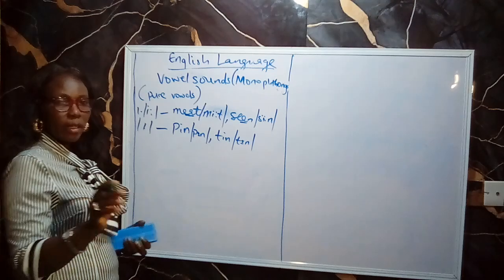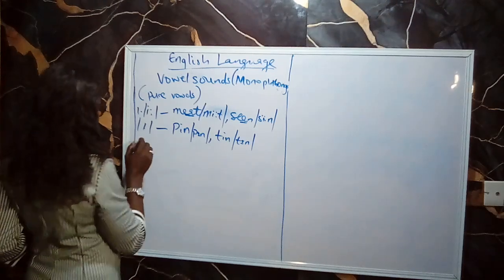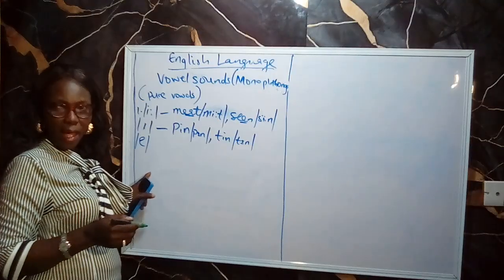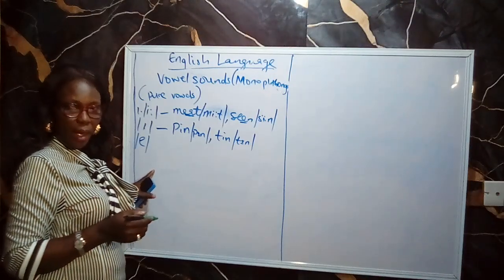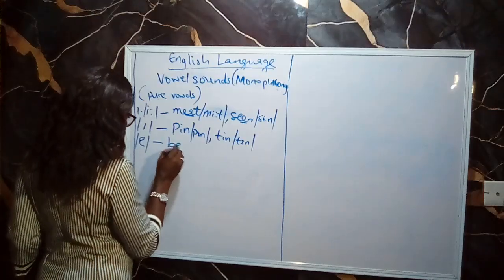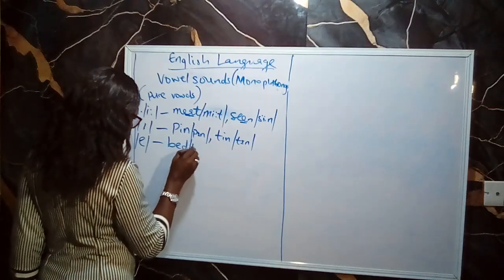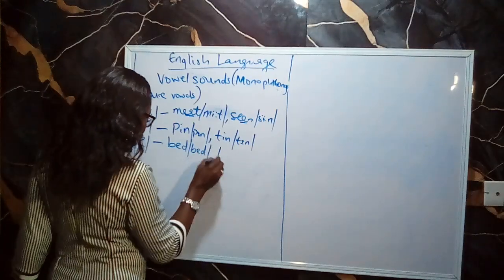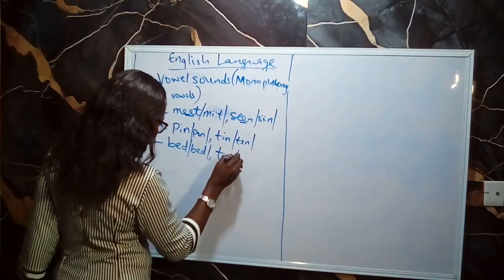Then the third one in the vowel chart is e. It's pronounced e, pronounce after me. Okay. So we have bed and ten.